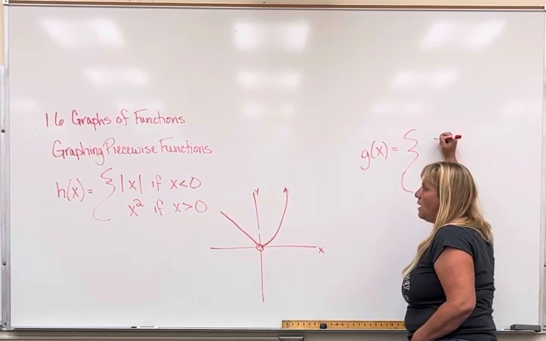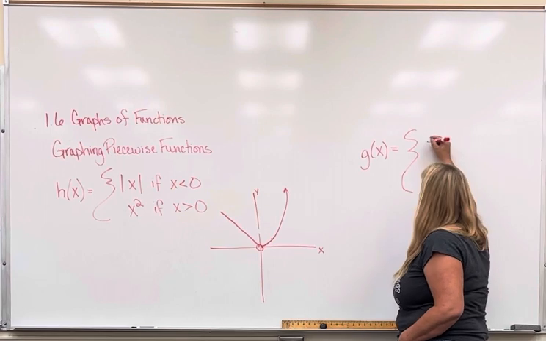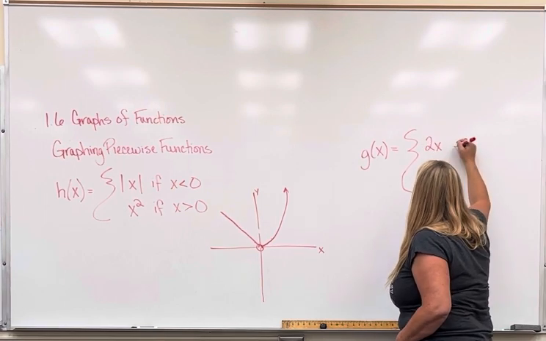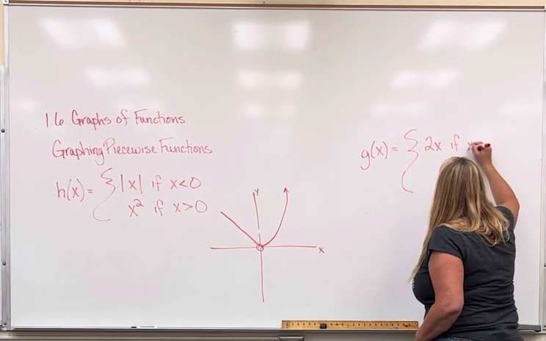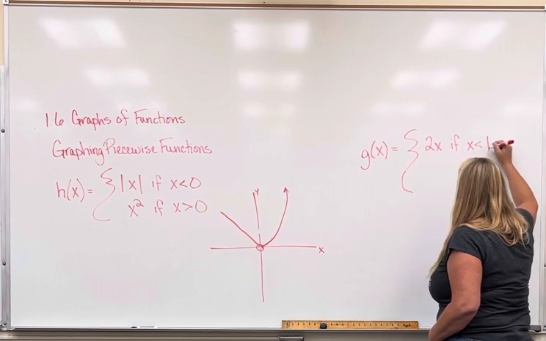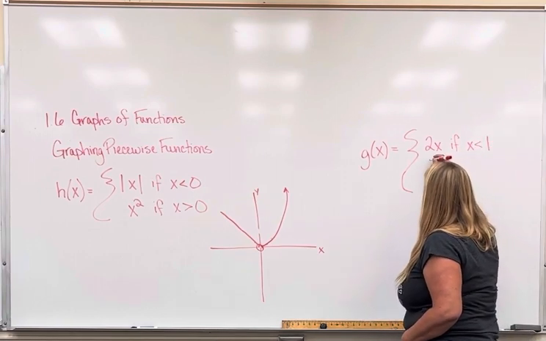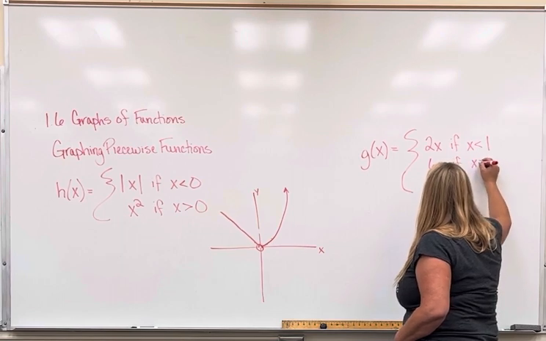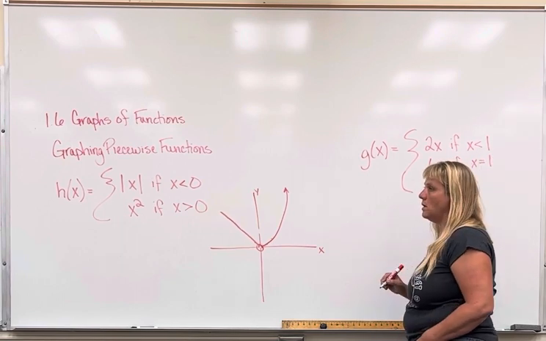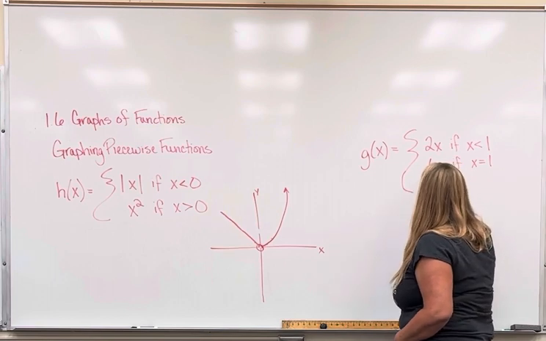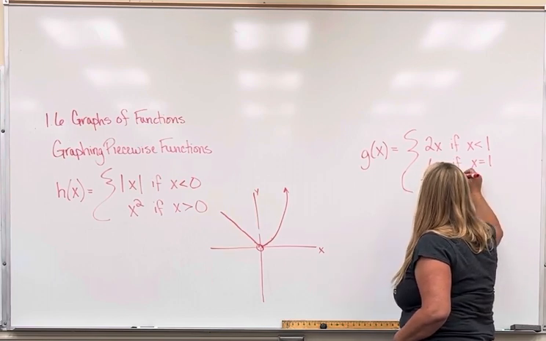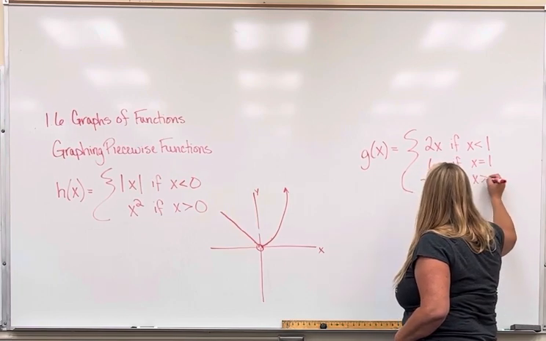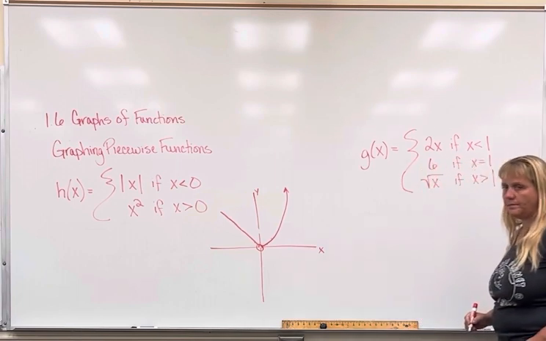Okay, so I want us to use 2x if x is less than 1. I want us to use 6 if x equals 1. And I want us to use the square root of x if x is greater than 1.